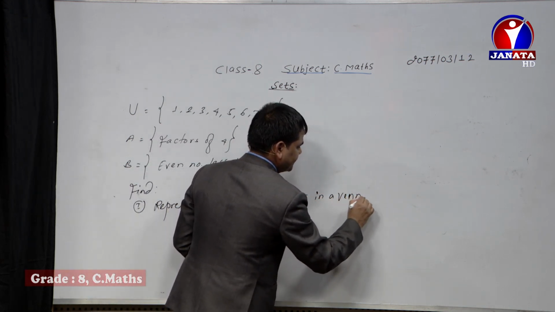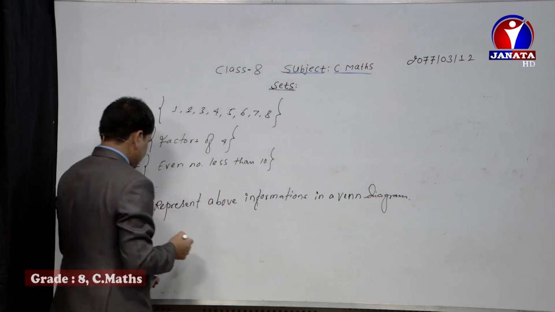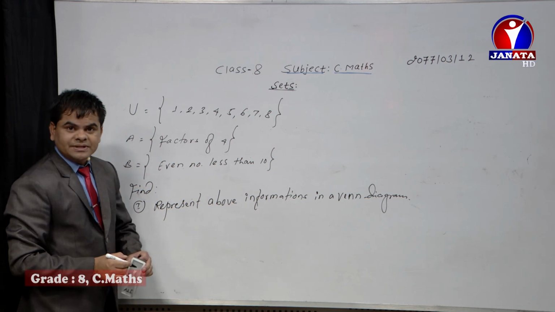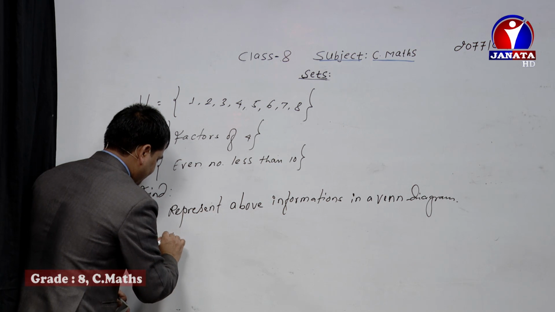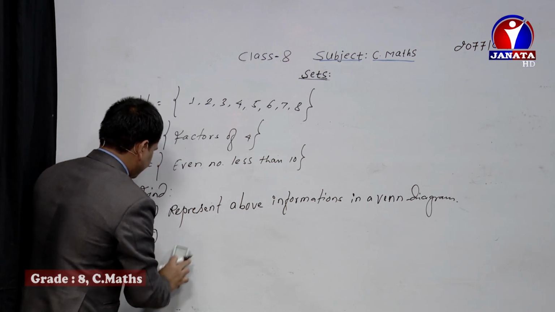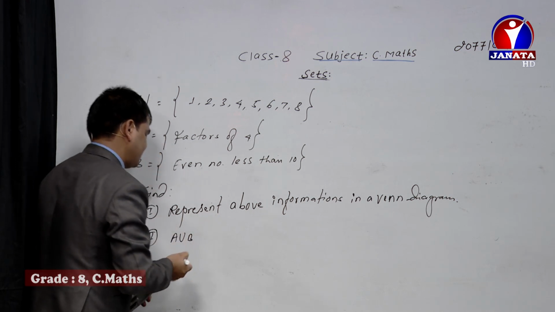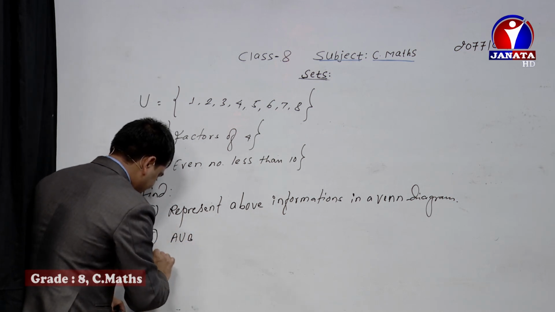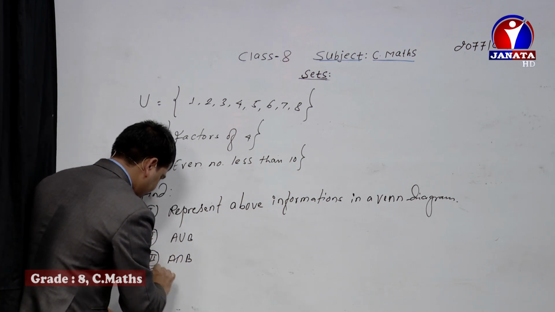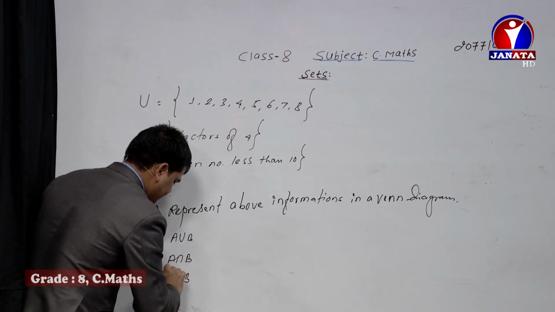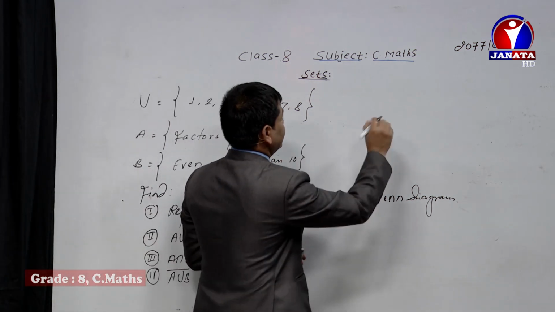Sometimes you may be asked to prepare the Venn diagram. Not only sometimes, most of the time you will be asked to prepare the Venn diagram, dear students. Number 2, find A union B. Then number 3, A intersection B. How to find A intersection B? Number 4, (A union B) complement. So let's represent this information in a Venn diagram, dear students.